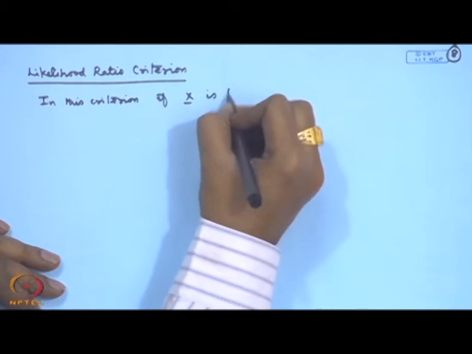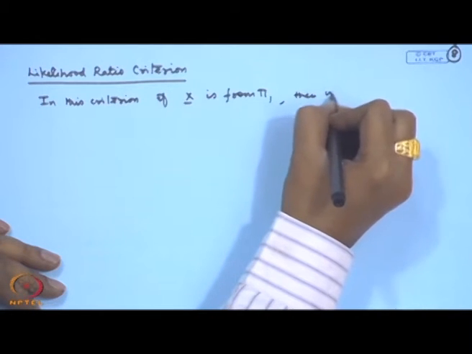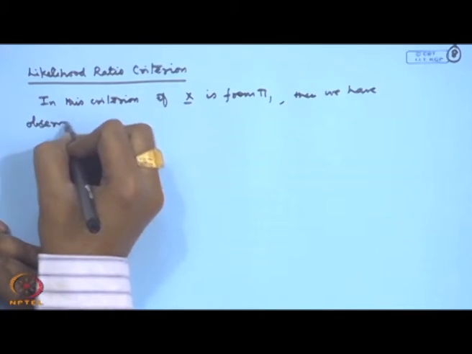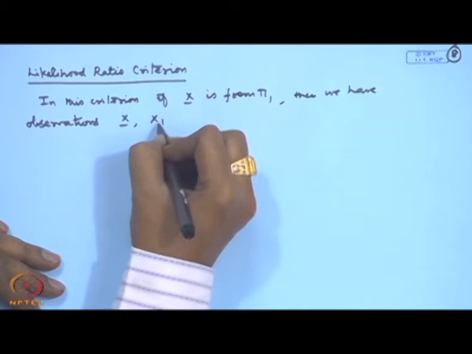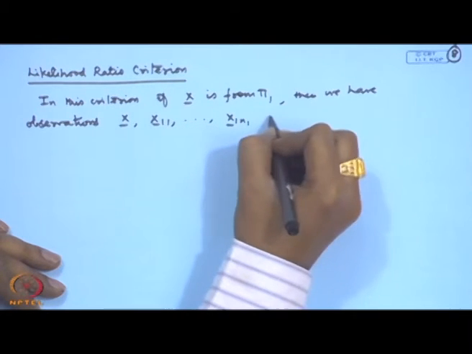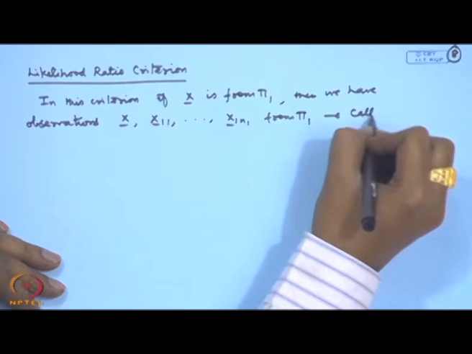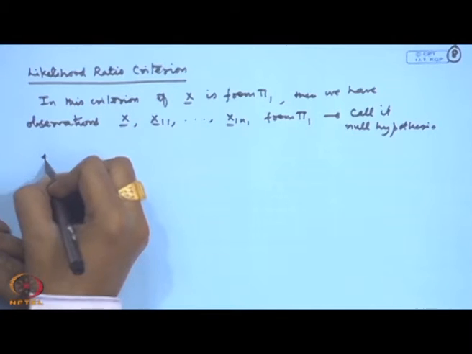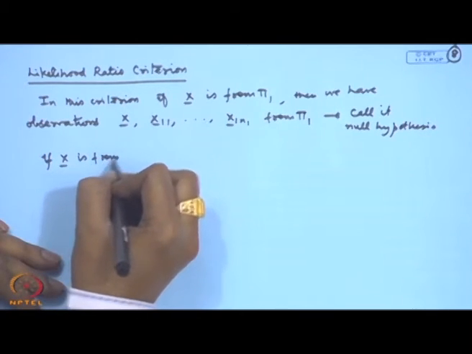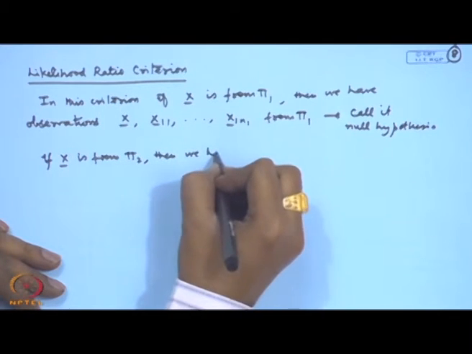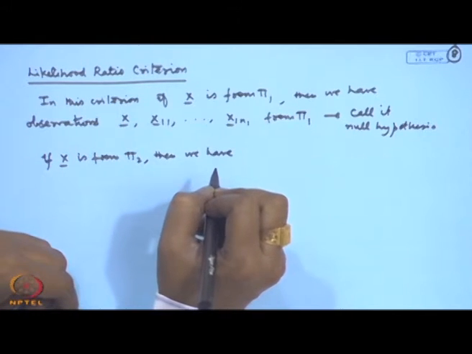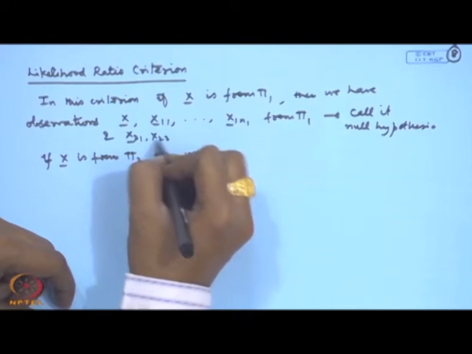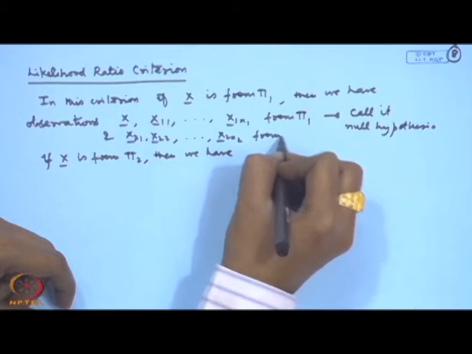if x is from pi 1, then we have observations x 1 1, ..., x 1 n 1 from pi 1, and x 2 1, x 2 2, ..., x 2 n 2 from pi 2.